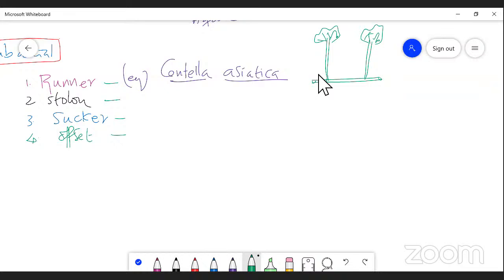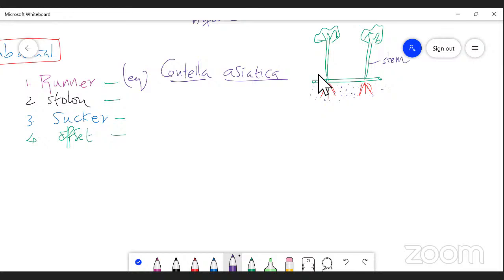And on the lower side, a fibrous root or adventitious root also arises. Then it grows horizontally. It also forms a new system, a new stem portion, right?